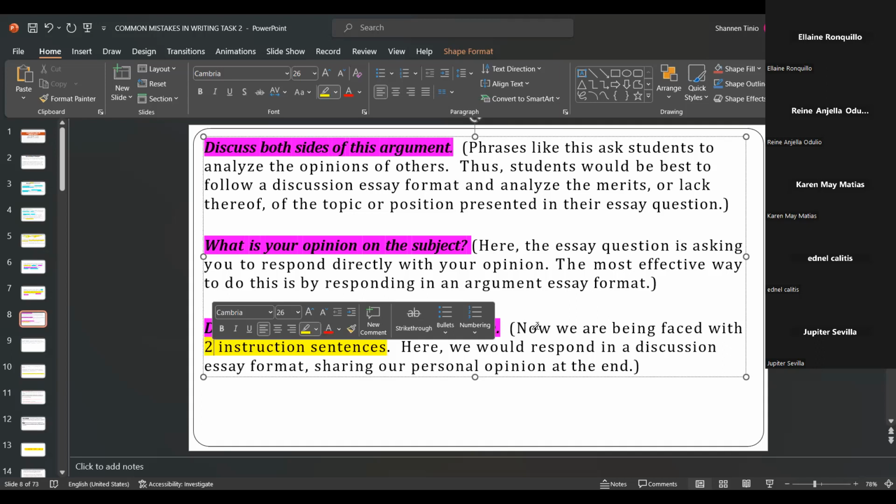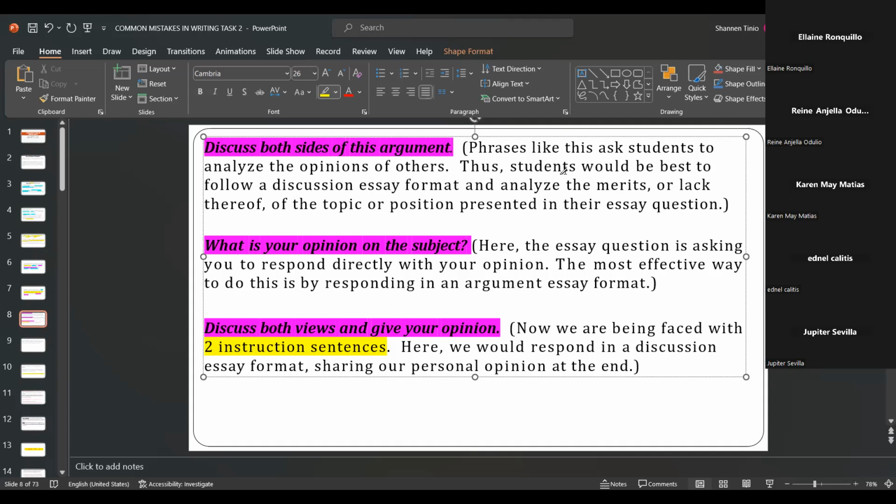2 instruction sentences. Here, we would respond in a discussion essay format, sharing our personal opinion at the end. You're given the chance to give your appeal. So, everything clear? Kapag sinabing discuss both sides of this argument, it doesn't say give your opinion, so don't give it.